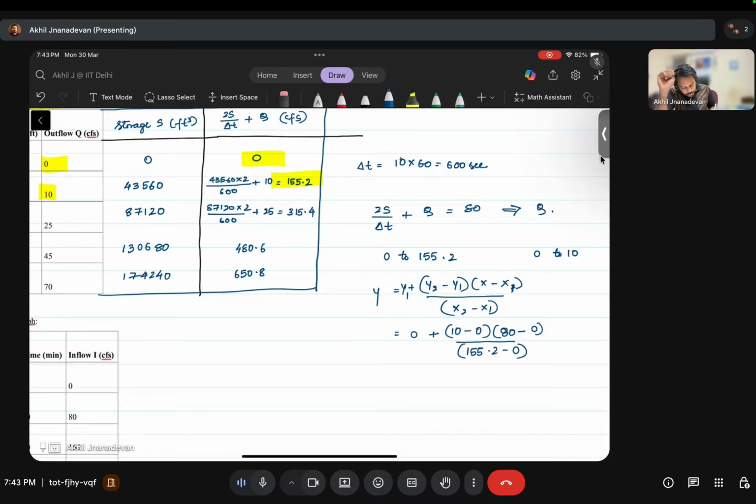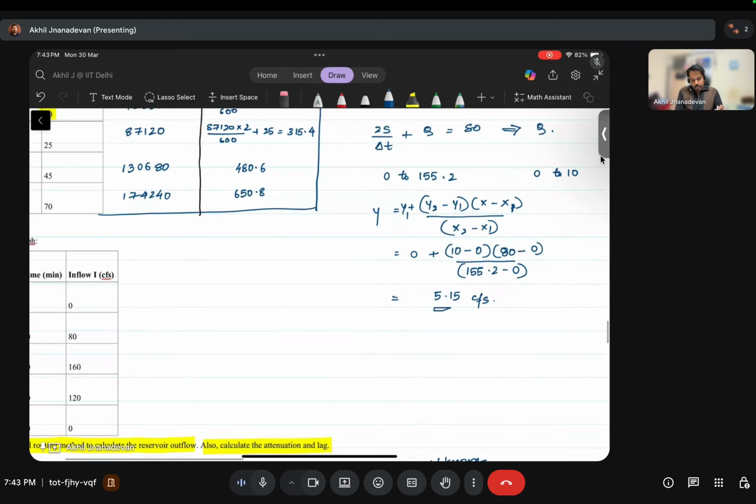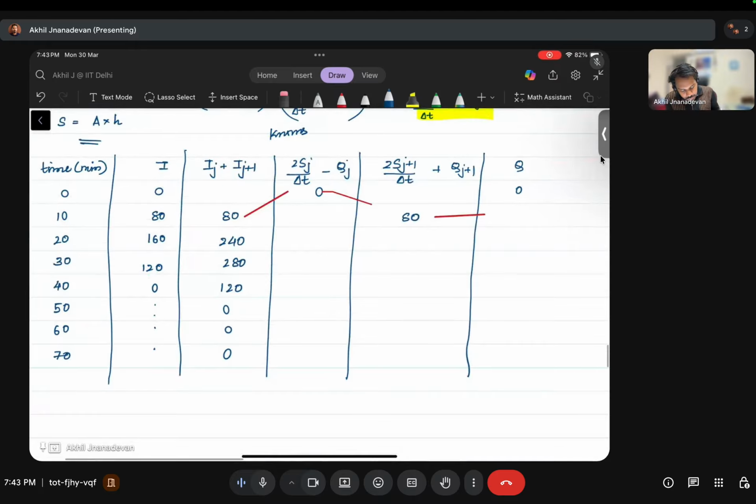If you solve this, we will get our Q value to be 5.15 CFS. So this is how we get our Q corresponding to 80 for 2S by delta t plus Q. So we can write it here as Q is equal to 5.15.